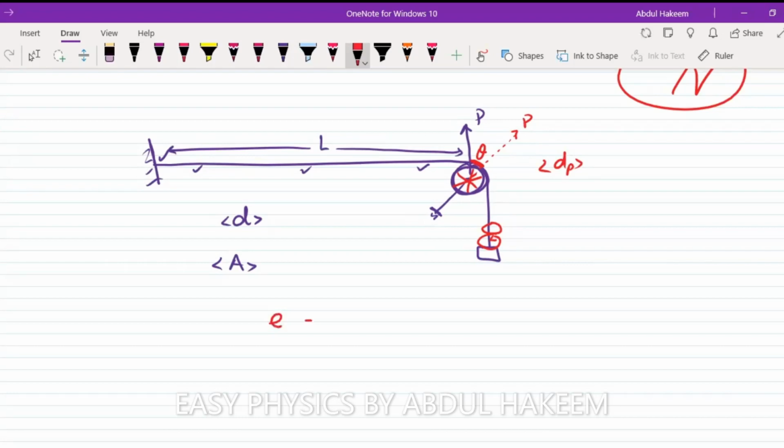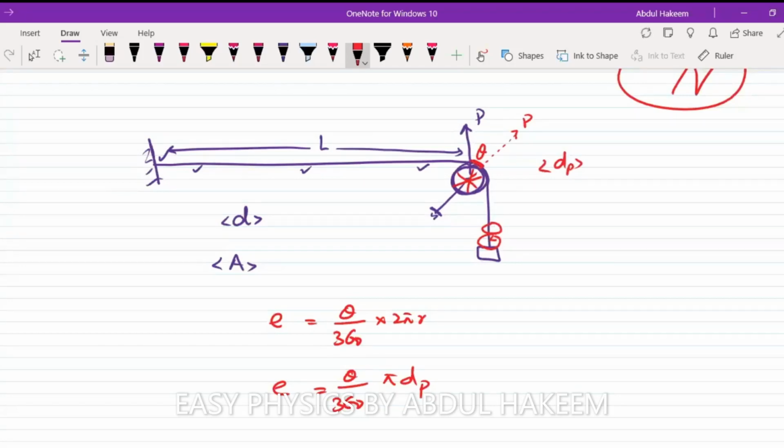So the extension will be equal to theta divided by 360 into the circumference of the pulley. Mean extension is equal to theta divided by 360 degrees into pi times the diameter of the pulley. So use different loads and measure the extension by using this formula.